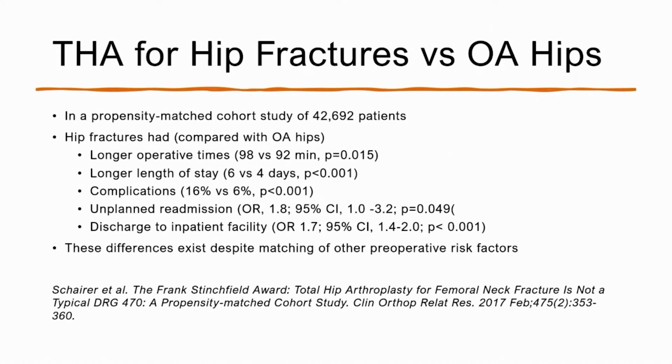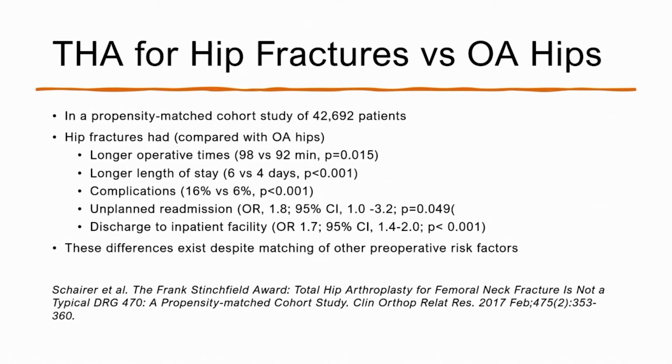In another propensity matched cohort study looking at 42,000 patients, comparing total hip replacement in hip fractures to total hip replacement in osteoarthritis of the hips, it was found that hip fractures had longer operative times, a longer length of stay, an increased incidence of complications, higher odds of unplanned readmission, and higher odds of being discharged to an inpatient facility as compared to arthritis of the hips.